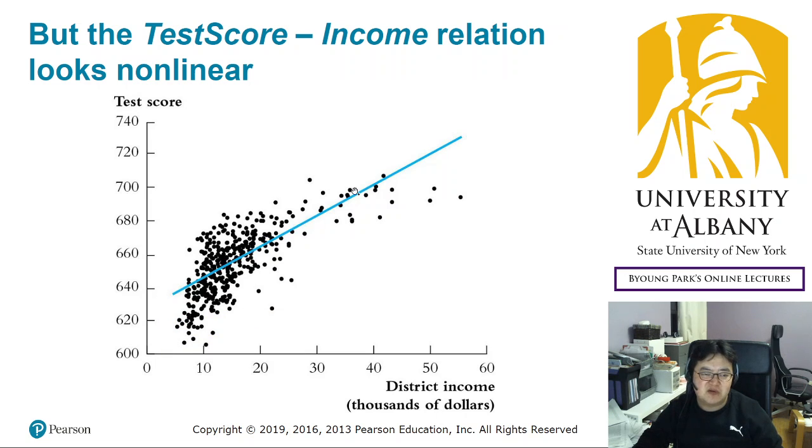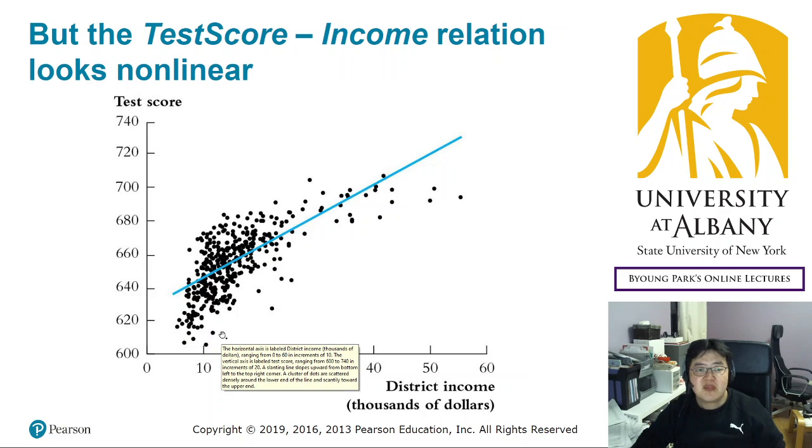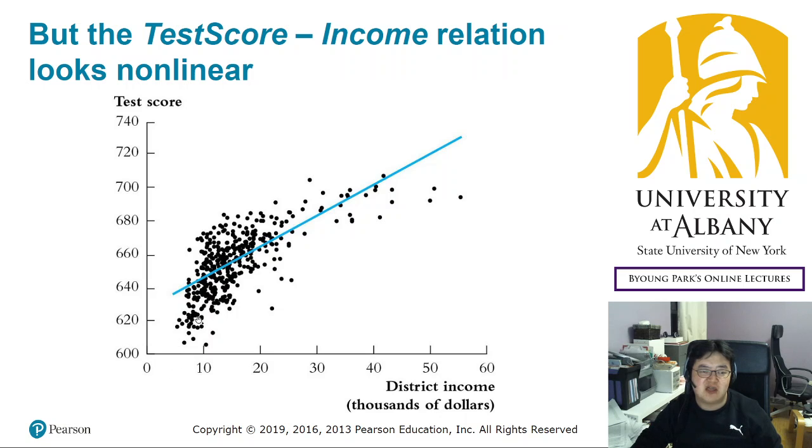However, the problem here is that above the line and below the line have a systematic difference. Above the line is over here and below the line is more to the left. So that means it would have been better if you used a nonlinear function like this.